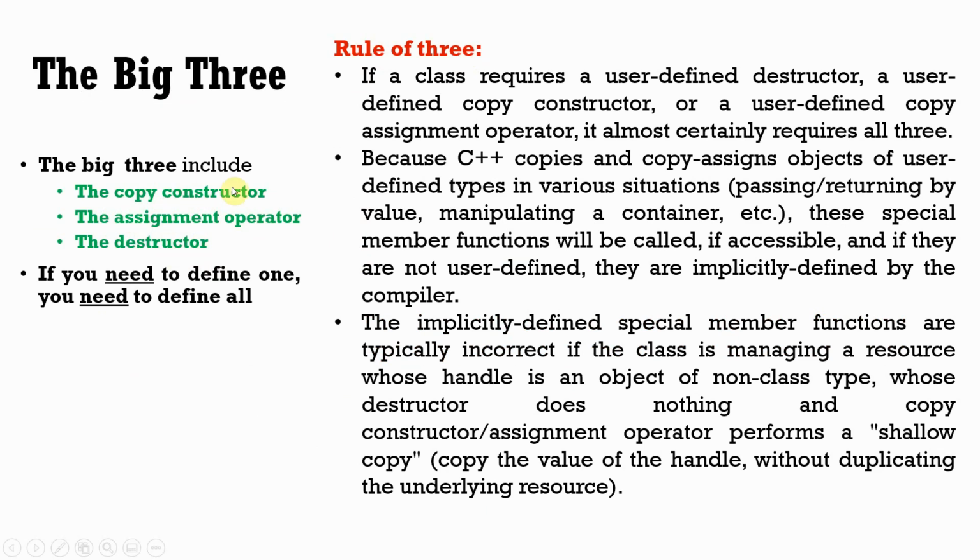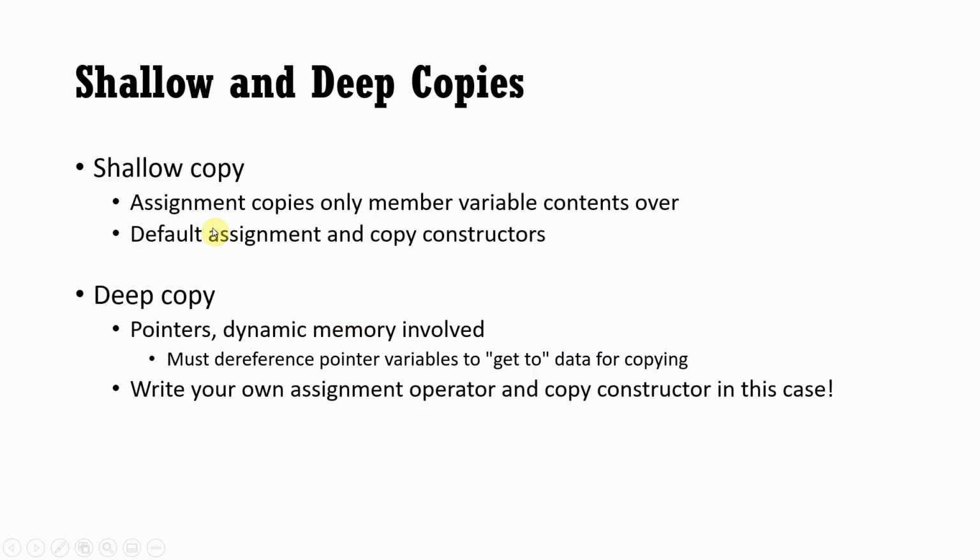I talked about shallow and deep copy. Shallow copy basically copies only member variable contents over, right? So if you have a pointer, it only copies the content of that pointer into the pointer of the calling object.